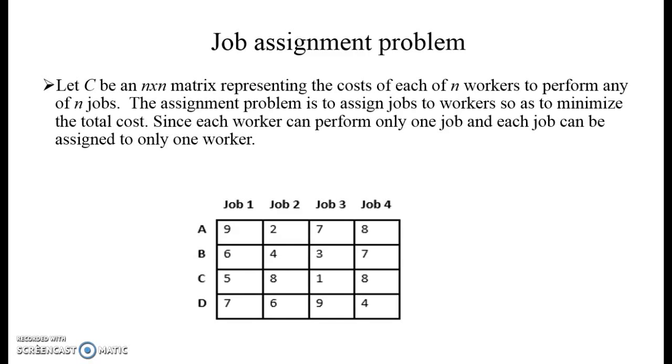Likewise, all the persons charge different costs to perform different jobs. Here 4 persons are given, person A, person B, person C and person D. According to job 1, job 2, job 3 and job 4, every worker has a different cost for each and every job.